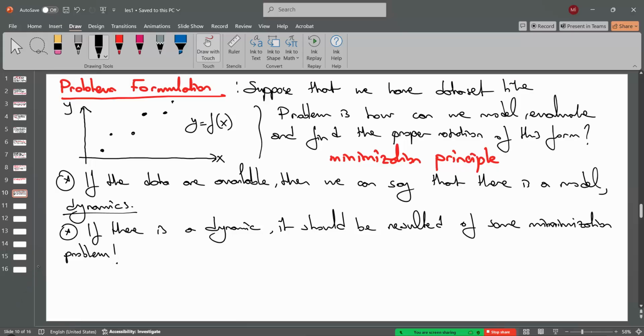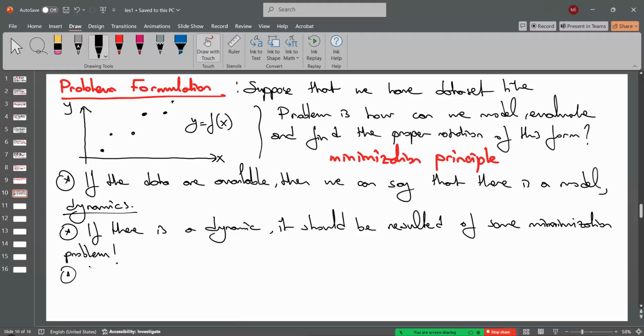Otherwise we cannot use it, because even if nature has this property for dynamic systems, if this is a dataset coming from the universe or some process, it must obey the minimization problem or minimization rule, right?